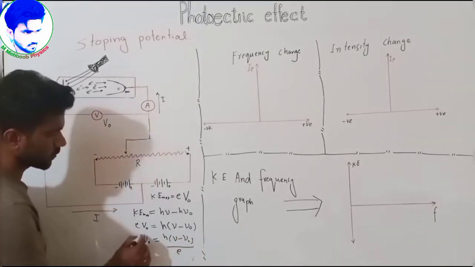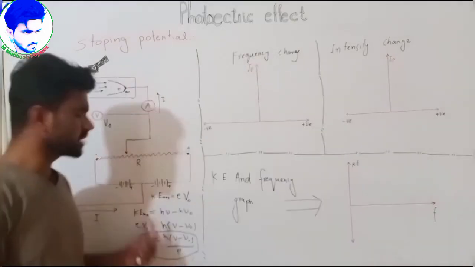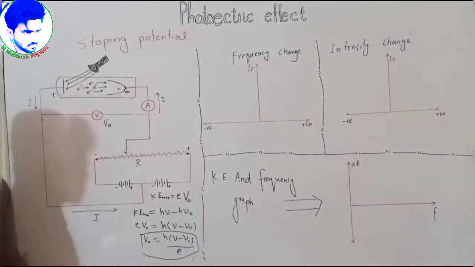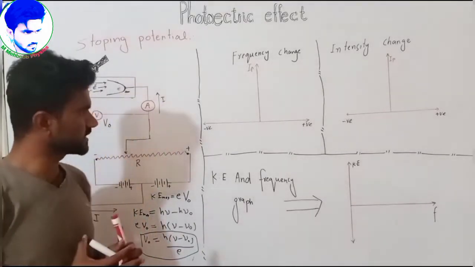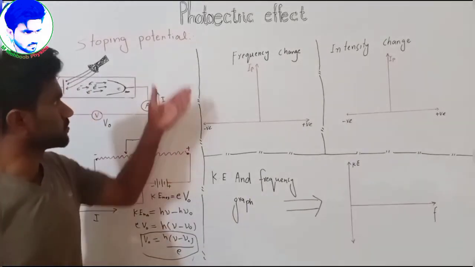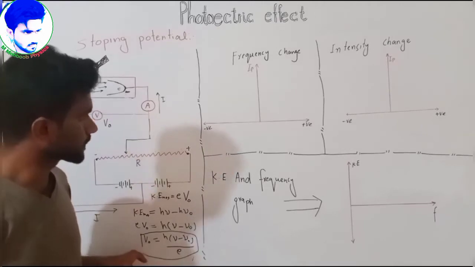By using this equation, Millikan found the value of Planck's constant h and proved that the explanation given by Einstein for the photoelectric phenomena is correct.